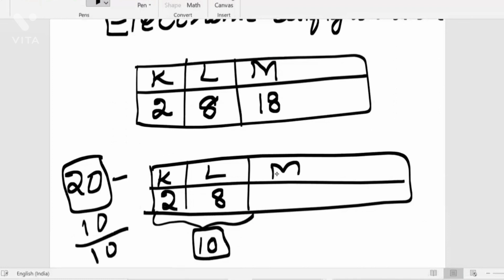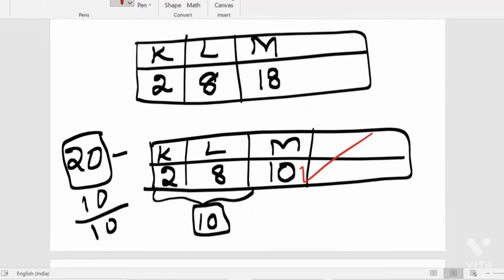On total 10 are already occupied in the K and L shells. So 20 minus 10, remaining only 10 are there. Can I occupy these 10 electrons in the M shell? The maximum capacity here is given according to the first rule as 18. So I'm occupying 10. Okay.